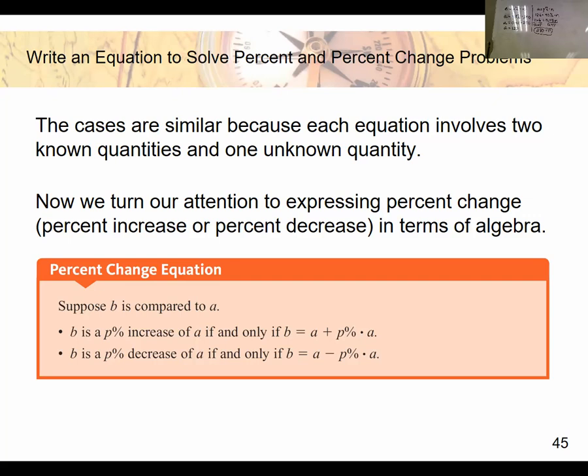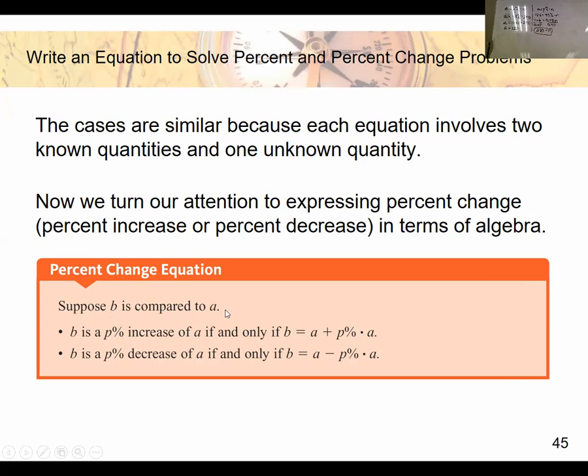Okay. All right, now we'll look at how to write an equation to solve percent and percent change problems. Here we're going to be looking at percent change, and that means percent increase or percent decrease in terms of algebra. So here is the percent change equation in this orange box.